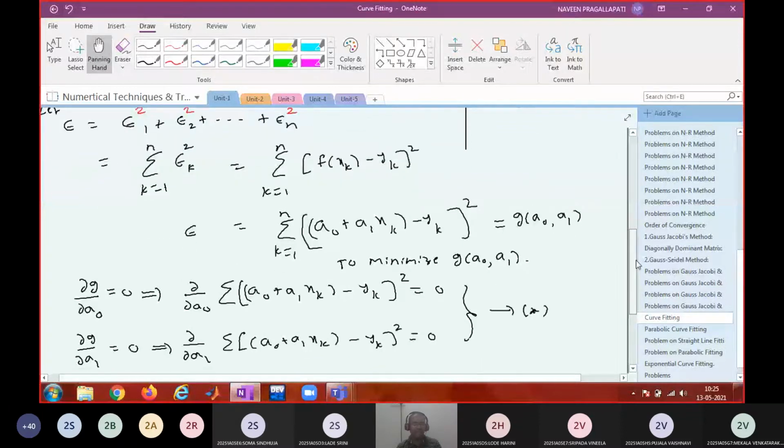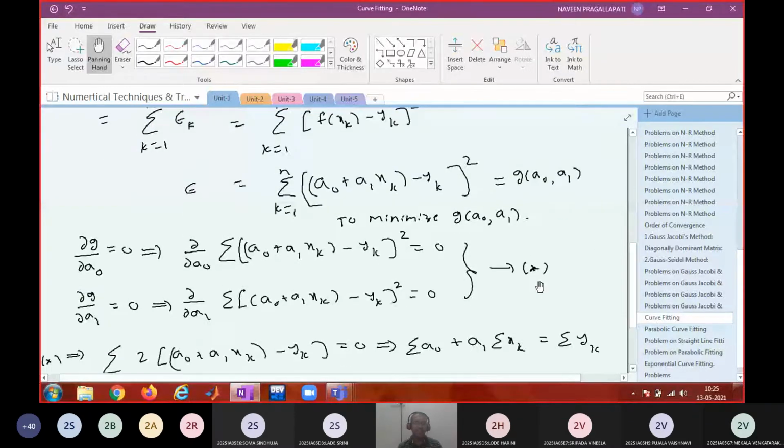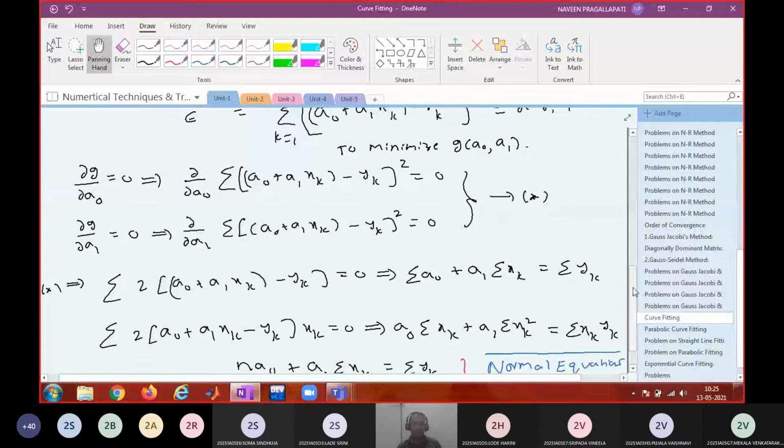We want the error function to be minimum, that means we find a0 and a1 at which epsilon takes the least value. For that we used maxima and minima techniques from functions of several variables.